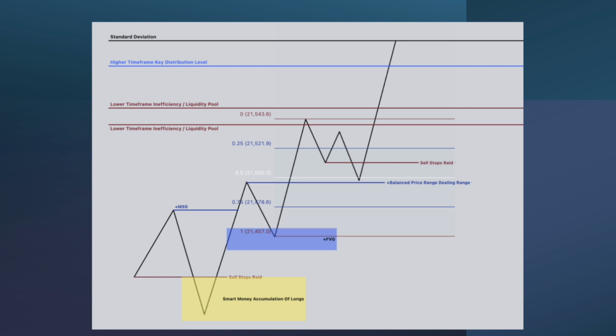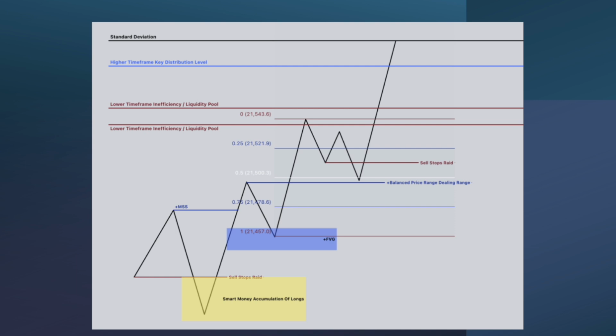So the reason why we as smart money like to buy below levels of sell stops is because we want to seek a discount price. The reason why we want to seek a discount price is best highlighted by a simple analogy.